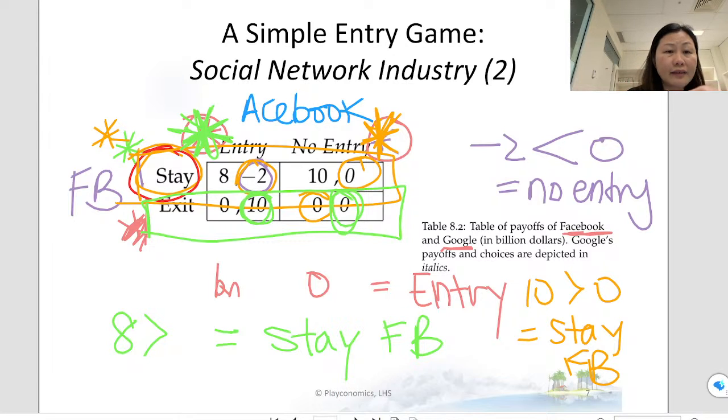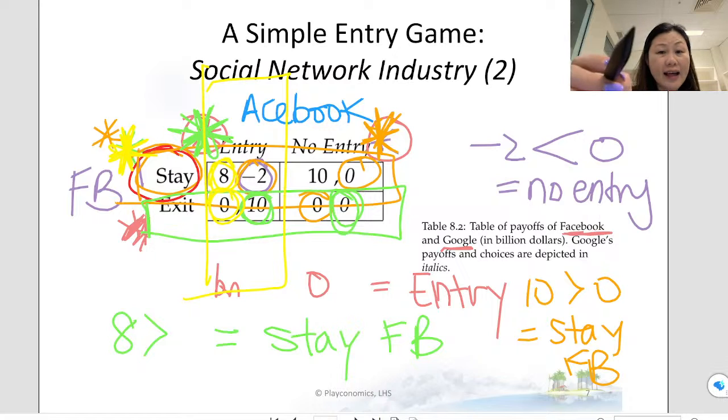On the contrary, if Facebook enters the market, Facebook staying will make them 8 billion. Facebook exiting will make them 0. So we are going to stay.